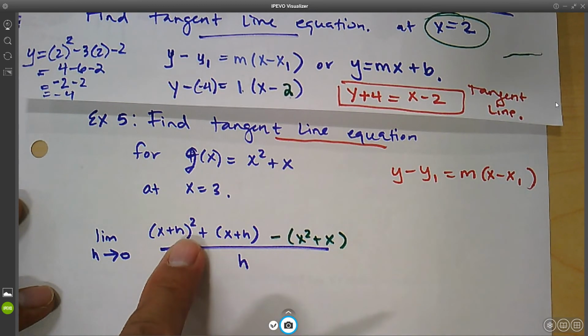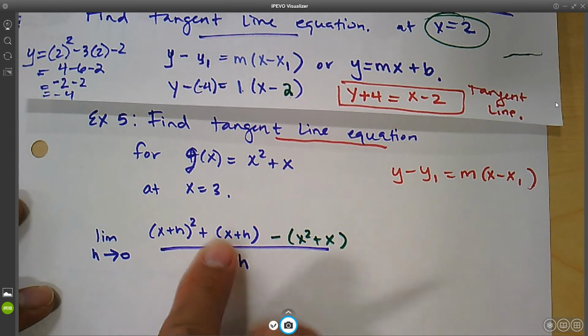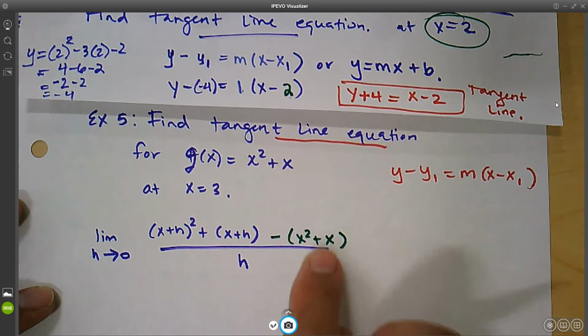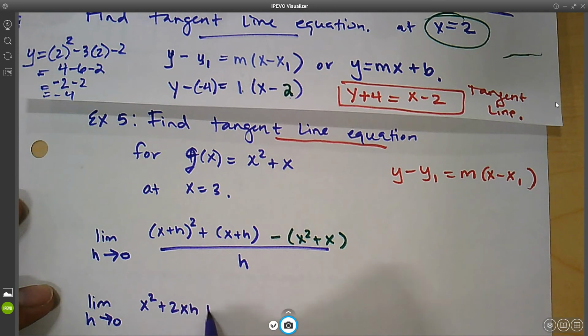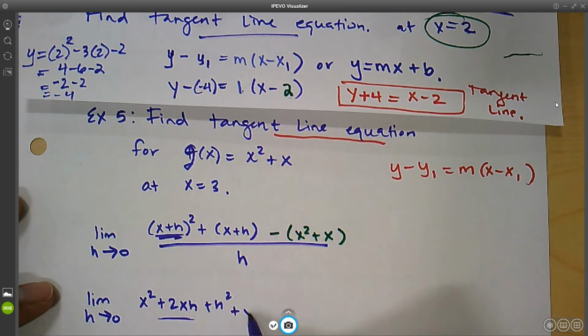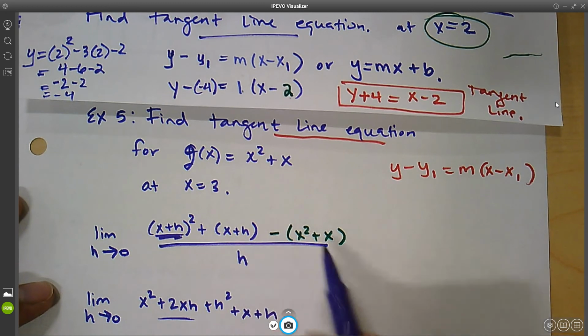This is the g of x plus h. I plug it into those spots. This is just the g of x. Plug it into that spot. I need to clean all of these up. Square this. So that's this one squared. Just get rid of the parentheses there.